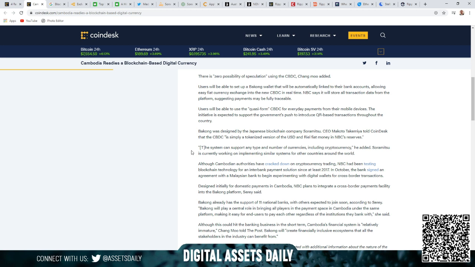CEO Makoto Takamiya told CoinDesk that the CBDC is simply a tokenized version of the USD and real fiat money in NBC's reserves. The system can support any type and number of currencies, including cryptocurrency, he added. And Soramitsu is currently working on implementing similar systems for other countries around the world.